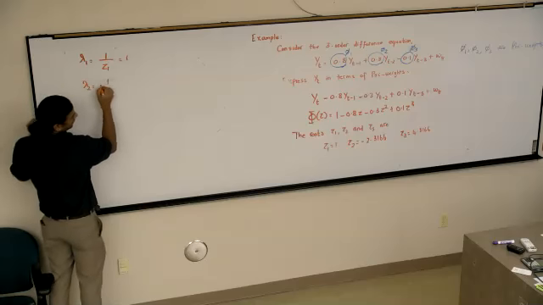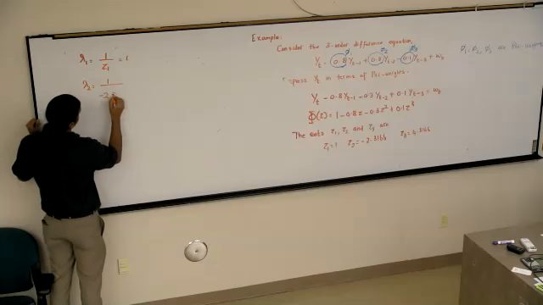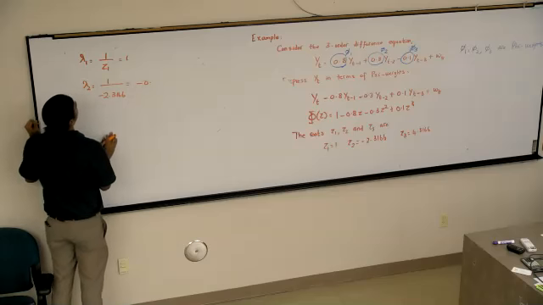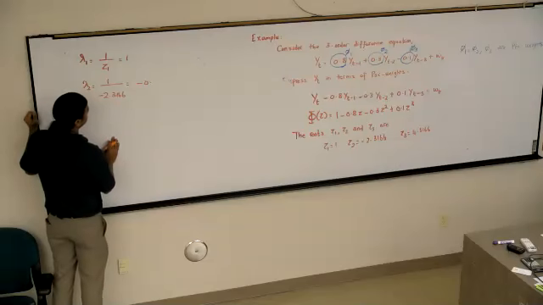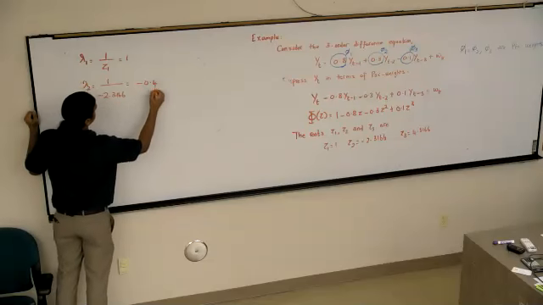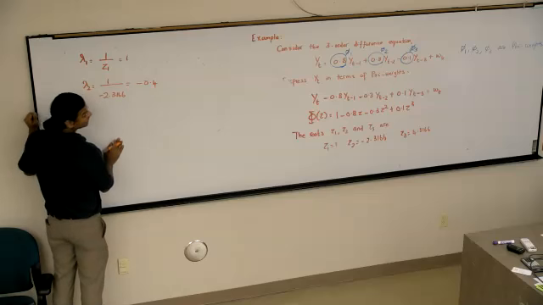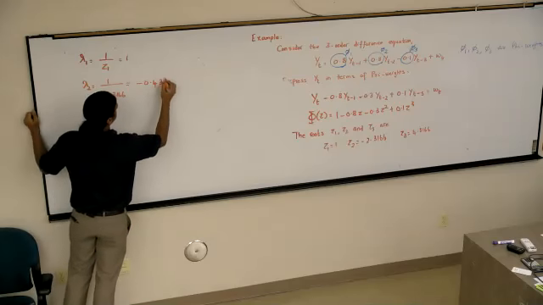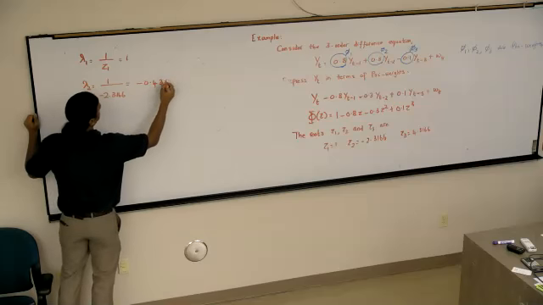Lambda 2 is 1 over negative 2.3166, which is negative 0.4316.